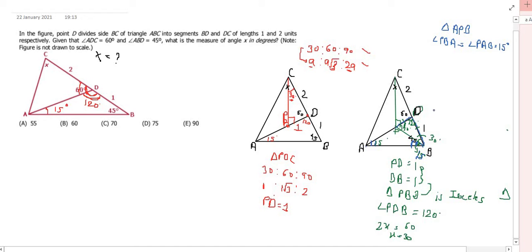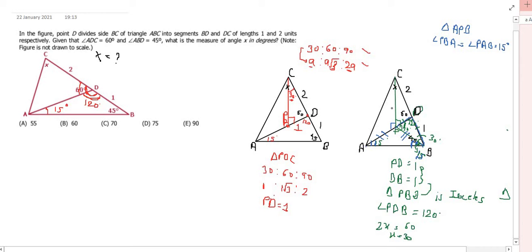What does it mean? It means that since opposite angles are equal, opposite sides are also equal. So this side is equal to this side. Now keep that in mind. We know this is 90 degrees here. Okay, these two sides are equal.